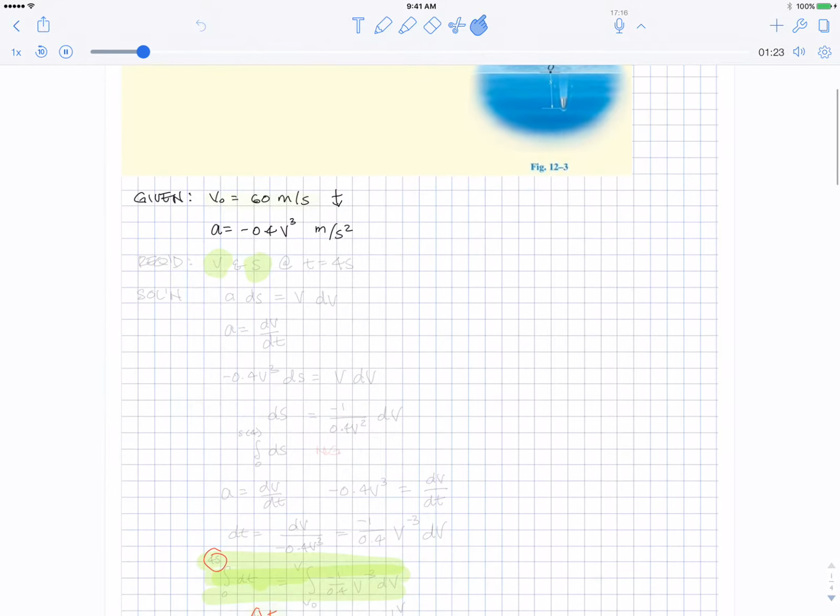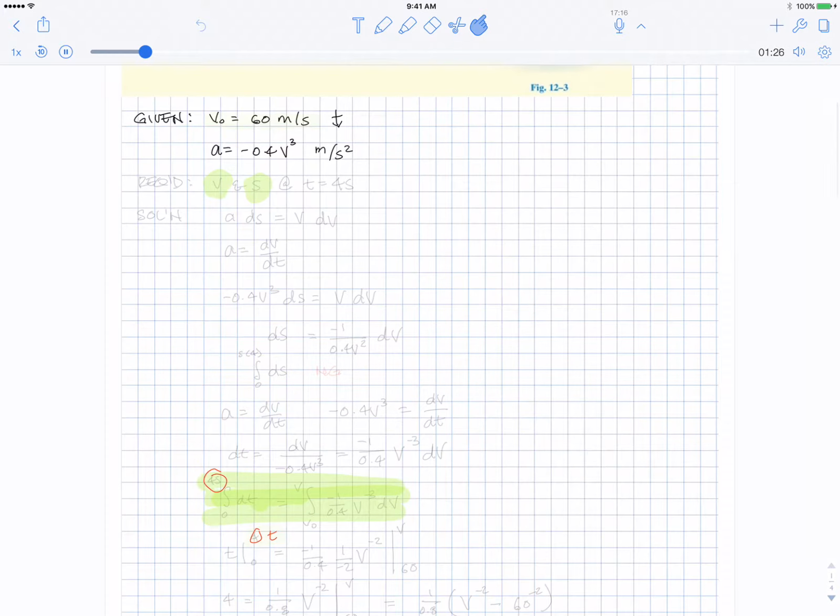Okay, that's all we're given. They then want us to find out, so what's required? Find the projectile's velocity and position 4 seconds after it's fired.